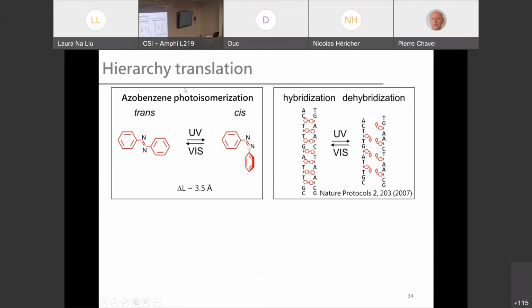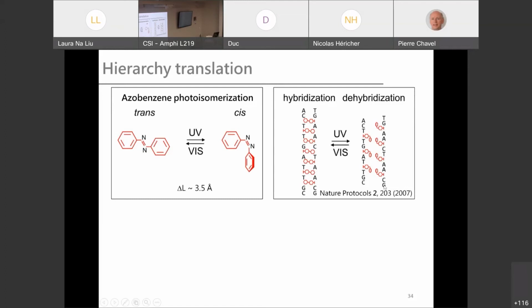This is what we have done here. This is the azobenzene photoisomerization itself. Then we intercalate these azobenzene molecules in between the DNA bases so that originally here we have the DNA duplex. If we shine UV light, these azobenzene molecules will have the conformation change into this twisted three-dimensional form so that here these two DNA strands will dehybridize.